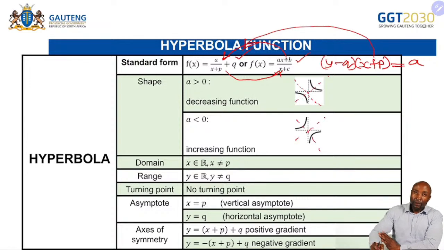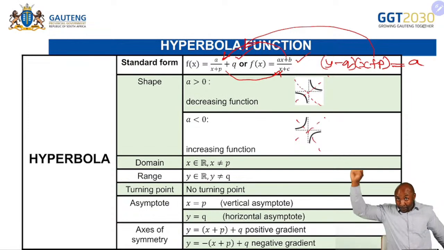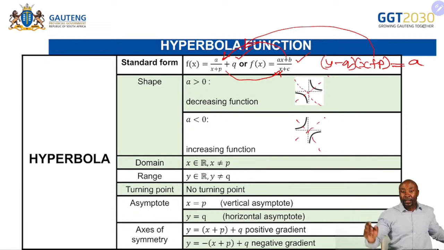So the importance, the quadrants are formed by the asymptotes. If our a is positive, our function is in quadrant 1 and 3. If our a is negative, our function is in quadrant 2 and 4. So you should always know that your hyperbola must have 2 arms in the given quadrants.